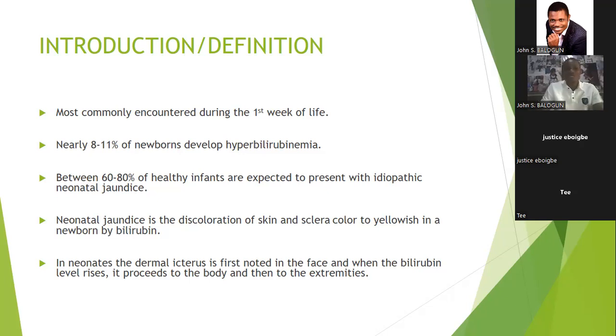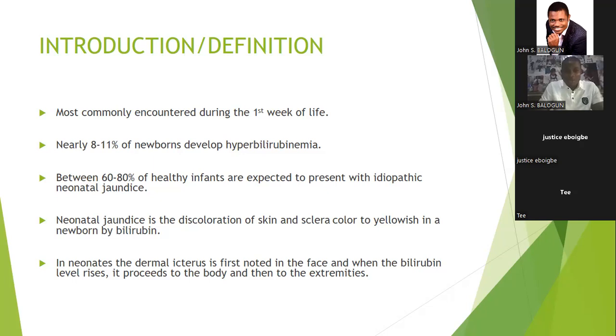And between 60 to 80% of healthy infants are expected to present with idiopathic neonatal jaundice. So there are some of them that will have jaundice that you can't really pinpoint. That is, out of this 8 to 11% who present with jaundice, up to 60 to 80% of them, you cannot really pinpoint what causes the jaundice.